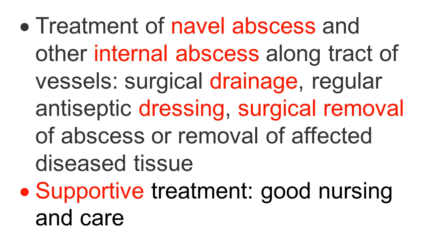They require surgical drainage of the pus, regular antiseptic dressing, sometimes surgical removal of the abscess or complete removal of the affected diseased tissue. So surgical intervention is also required. Supportive treatment includes good nursing and care, and intravenous fluid administration.